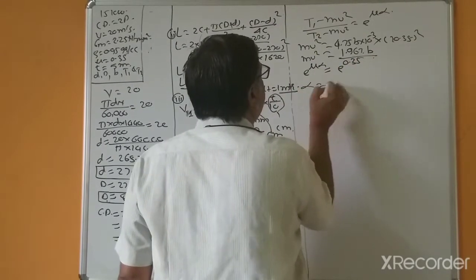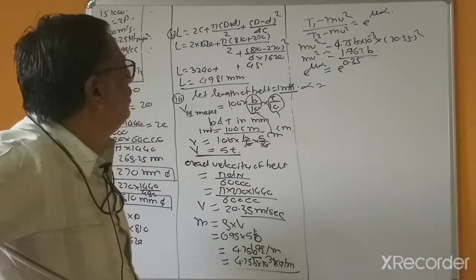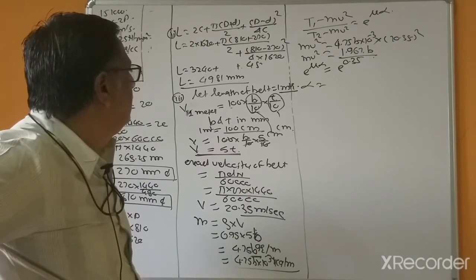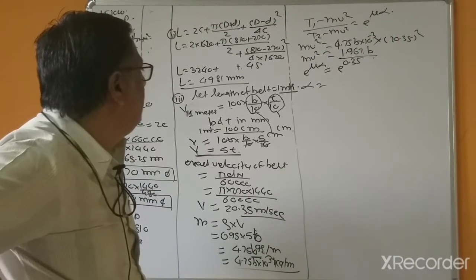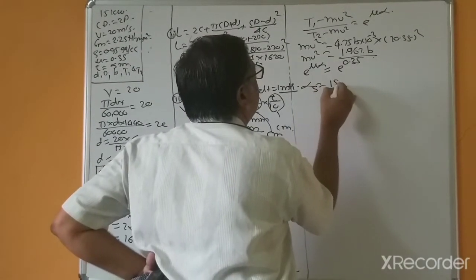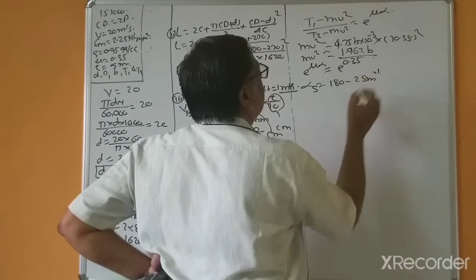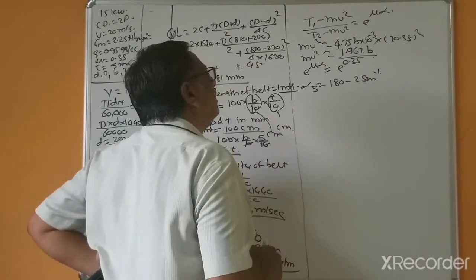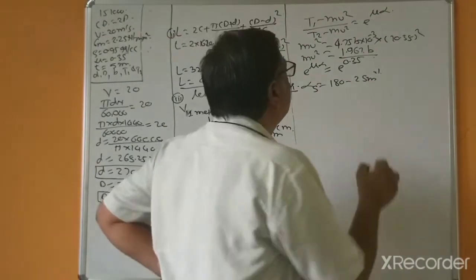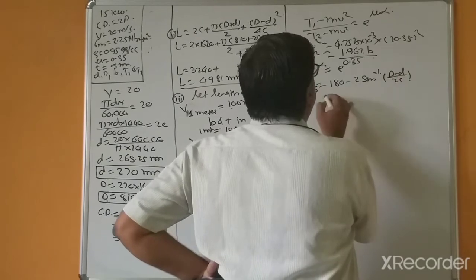Mu is the coefficient of friction, 0.35. Alpha is the angle of wrap for a flat belt, equal to 180 minus 2 sine inverse of (D minus d) divided by 2c.